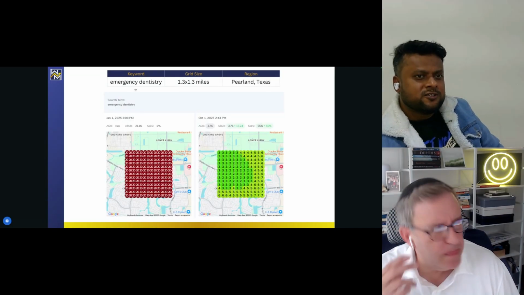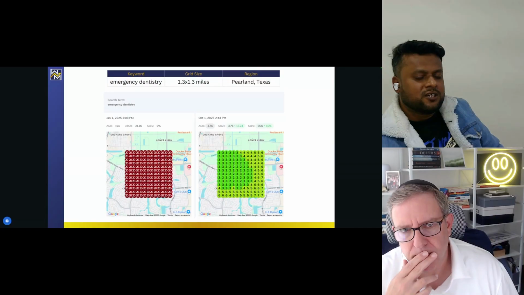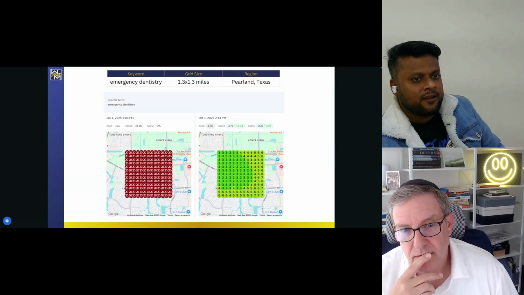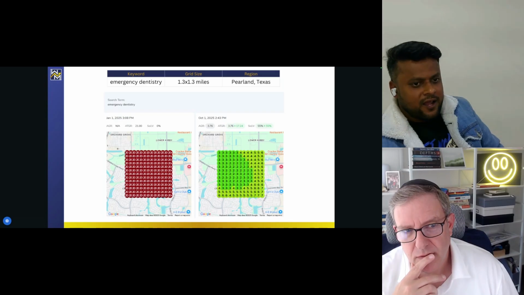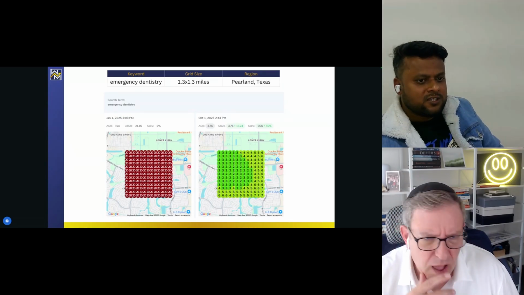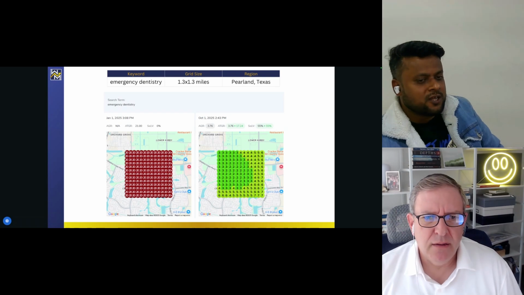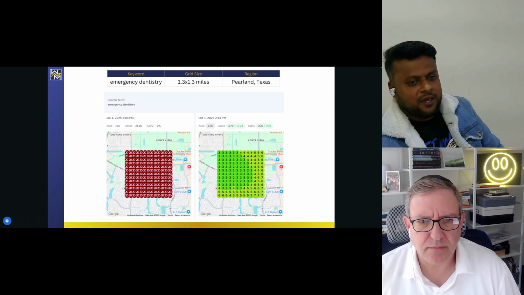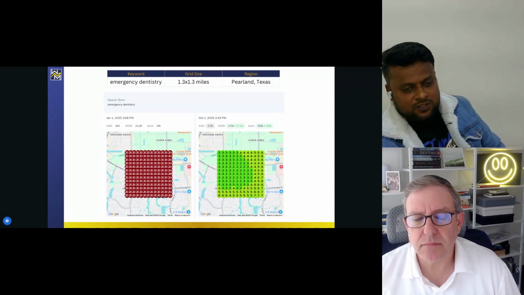Okay, so we have got emergency dentistry scan over here, and yeah, it's a similar case that we looked at previously. The client was nowhere to be found. His listing was ranking nowhere. Again, we see 20 plus. That means it was not in the top 5 pages for sure. He was beyond those positions, beyond 20 positions.